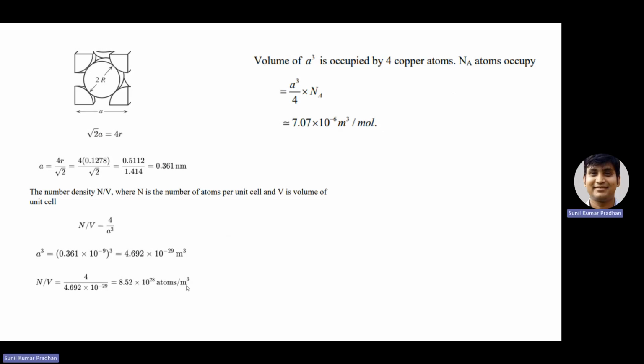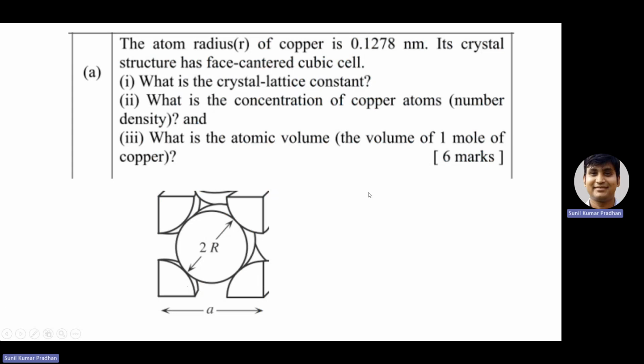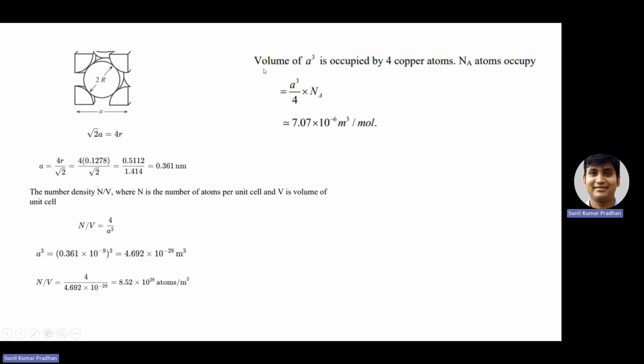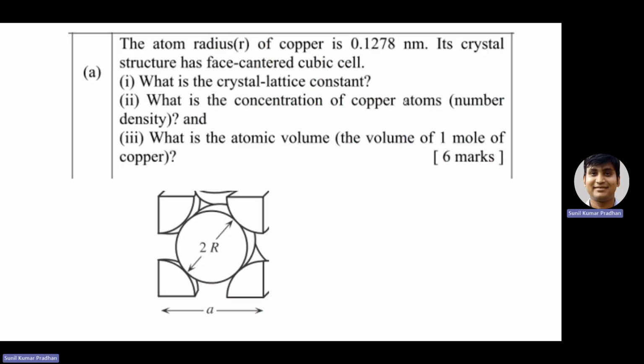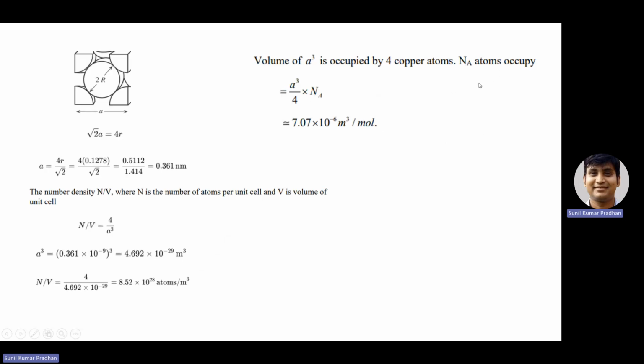Now, third question is, what is the atomic volume? That is the volume of 1 mole of copper. 1 mole, as you know, is 6.023 into 10 to the power 23. Then what is the atomic volume here? The volume a cube, where a is nothing but your lattice constant, is occupied by 4 copper atoms. Then the atomic volume is a cube by 4 into Na.